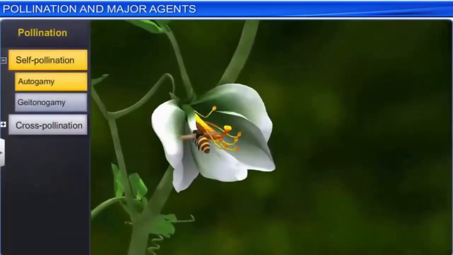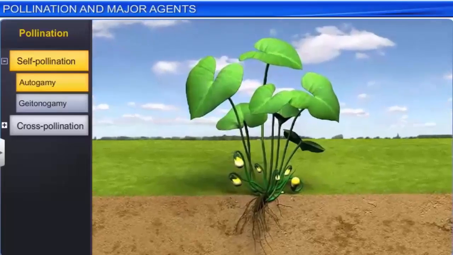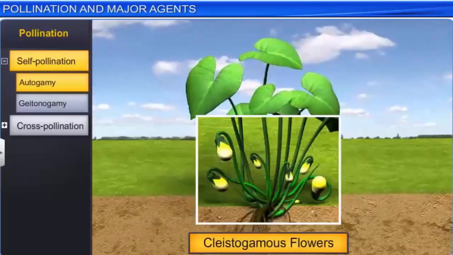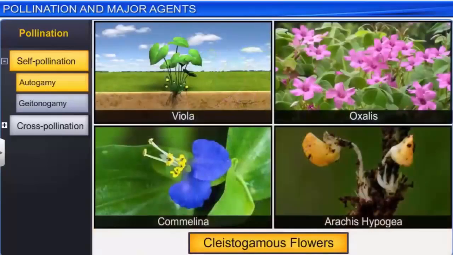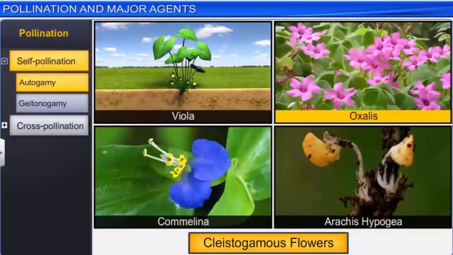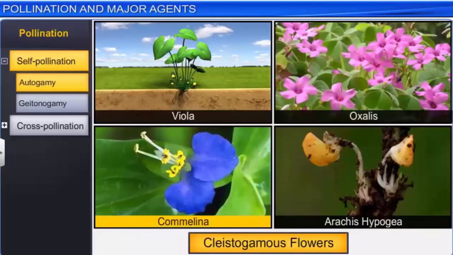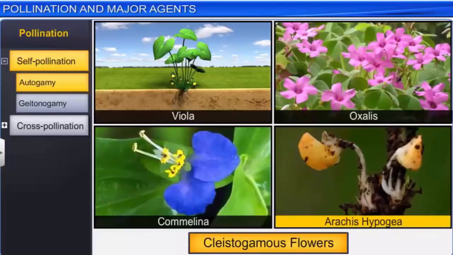In autogamy, pollen is transferred from the anther to the stigma of the same flower, and is seen in cleistogamous flowers or flowers which do not open at all, produced by plants such as viola, oxalis, camelina, and Arachis hypogea or peanut.